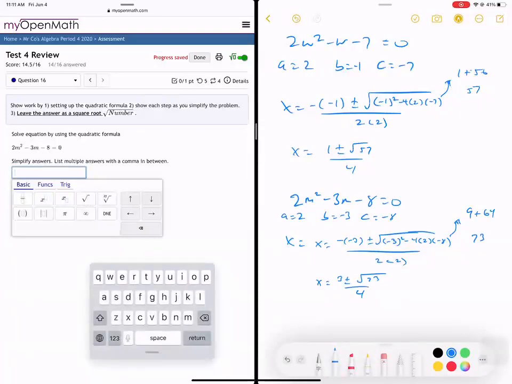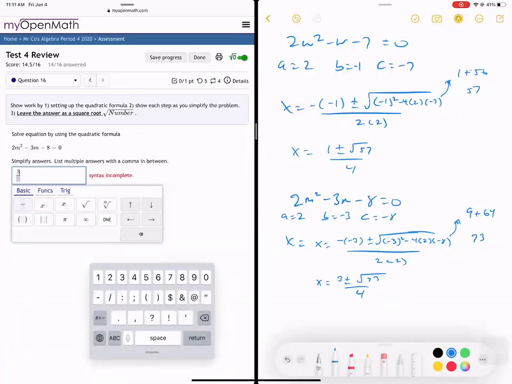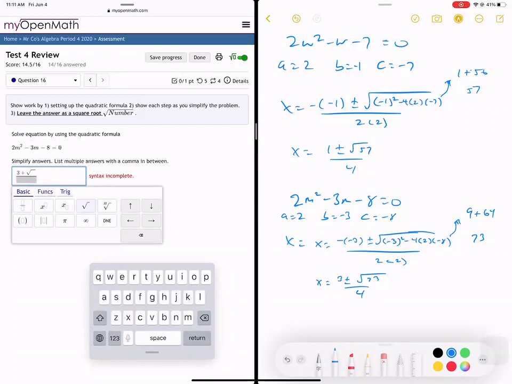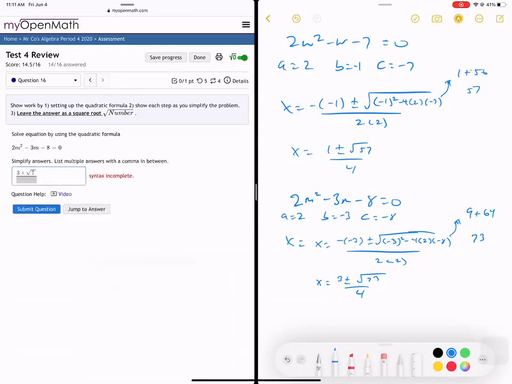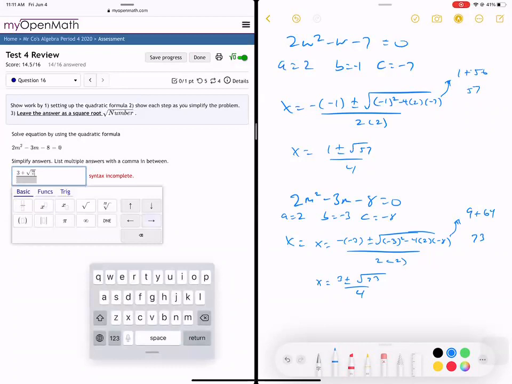So 3 plus square root of 73 all over 4, comma, fraction 3 minus square root of 73 divided by 4.